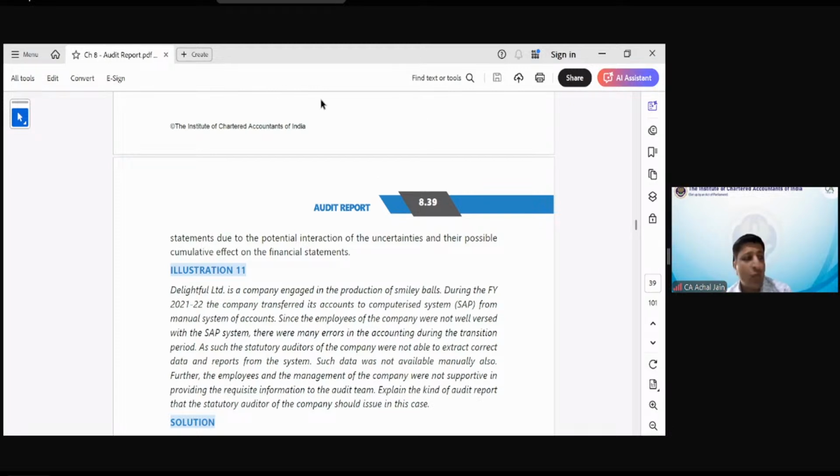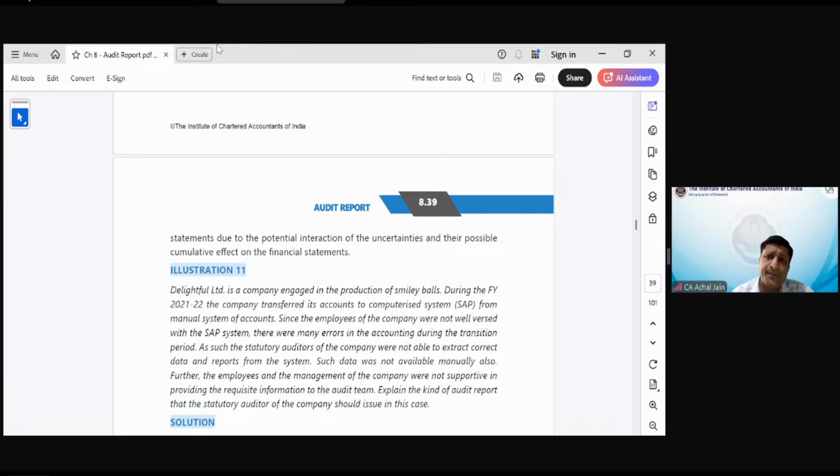Quickly, what are the types of reporting implications you may have here? Over to you quickly. Shreya says disclaimer should be there because errors may exist in the entire set of financial statements.